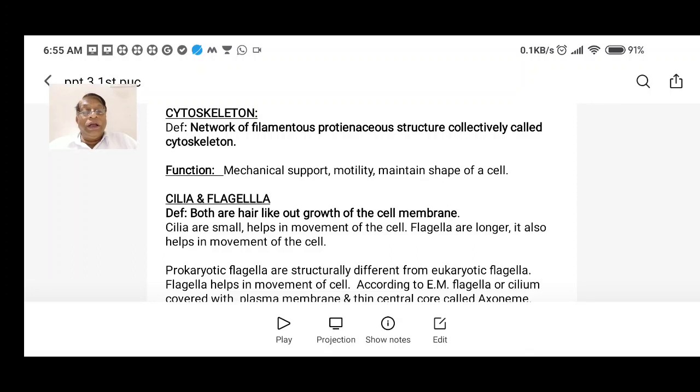What is the difference between cilia and flagella? The cilia are small, which helps in movement of the cell.